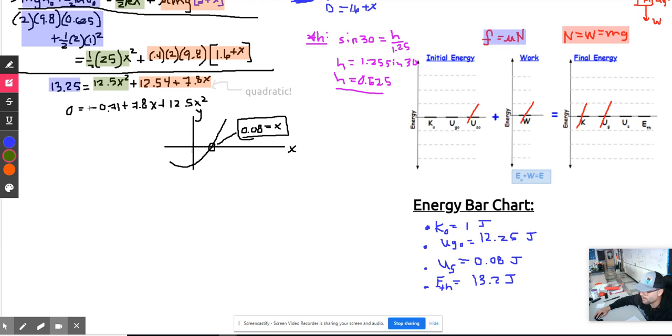Let's label our axes here real quick. Okay, so these lines are 4 joules, 8 joules, and 12 joules. We had 1 joule of kinetic energy, which would be something like this. And then we had 12.25 joules of UG, so much more, something like that.